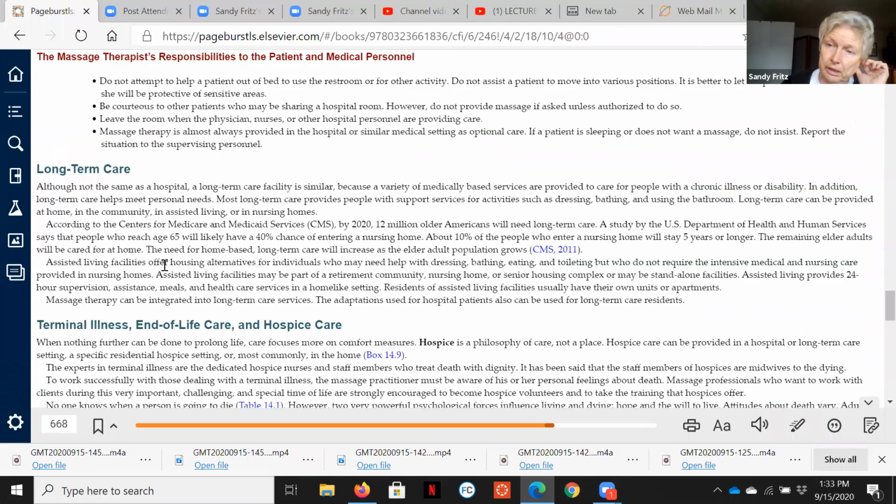Now, long-term care, that's another place where you see a lot of certified nursing assistants and LPNs and BSNs, bachelor's degree nurses. But most of the one-on-one care in long-term care is with, sometimes it's called a patient aid technician, a certified nursing assistant, certified nursing technician, patient care technician.